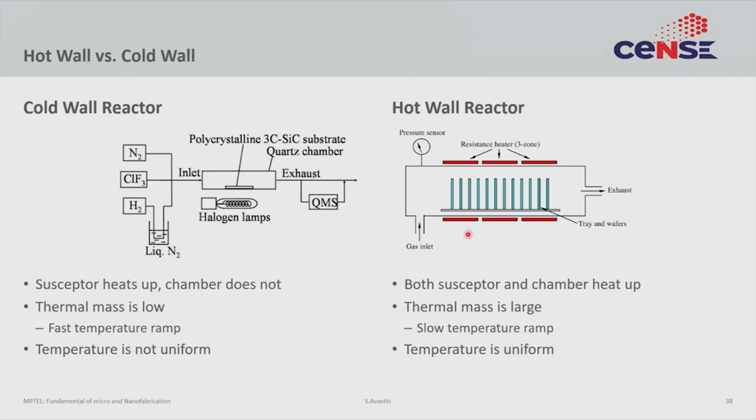Compare that to the case of a hot wall reactor like on the right, where the whole thing is enclosed in a furnace with resistance heaters, and these resistance heaters are in contact with this quartz tube. So, the quartz tube also heats up, and then that quartz tube in turn heats up the gases inside, which in turn heat up the wafers inside. So, in this case the chamber remains cold, in this case the chamber remains hot.